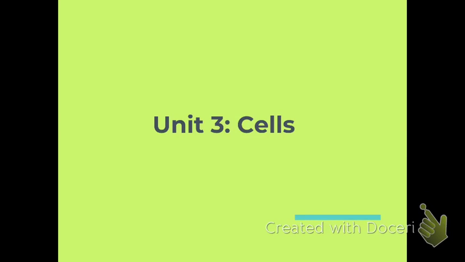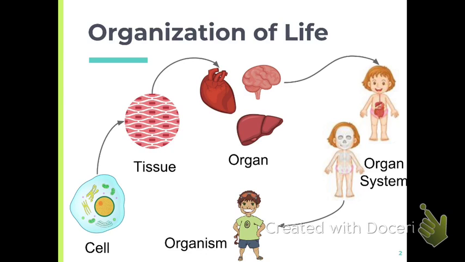All right, so our next unit is cells. We're going to do a little background about cells. We want to think about cells in terms of where they are in terms of life. Our previous unit was about chemistry.